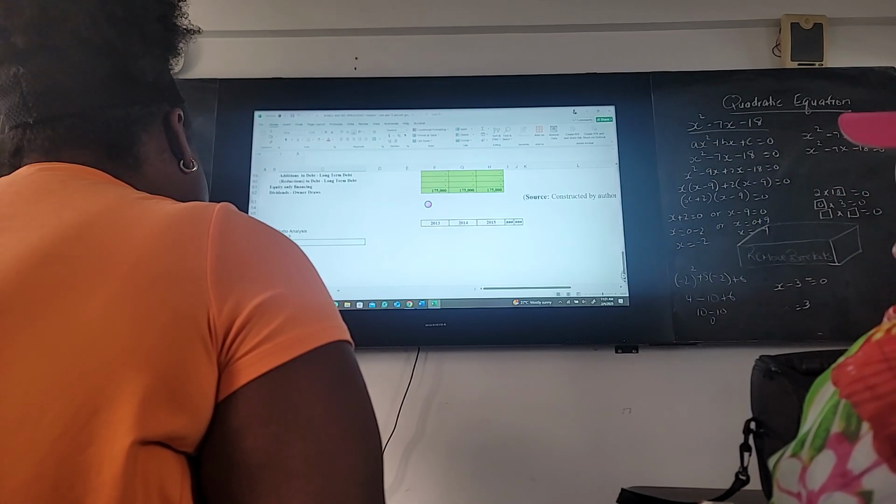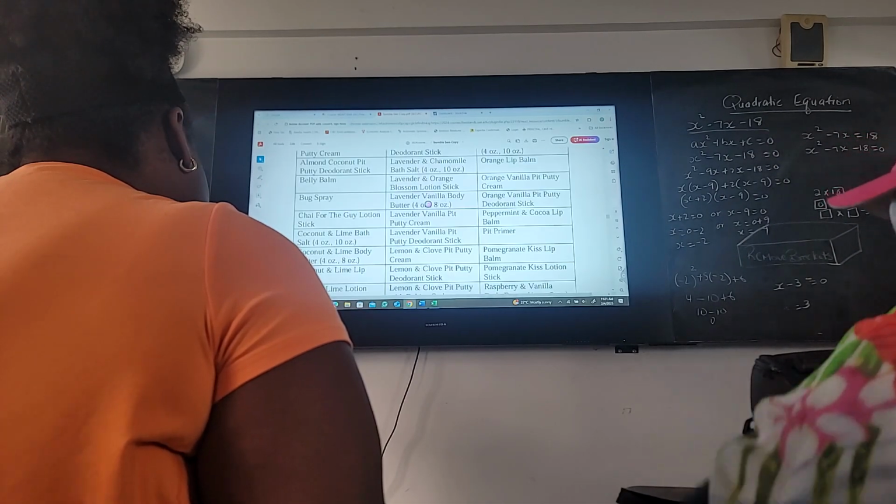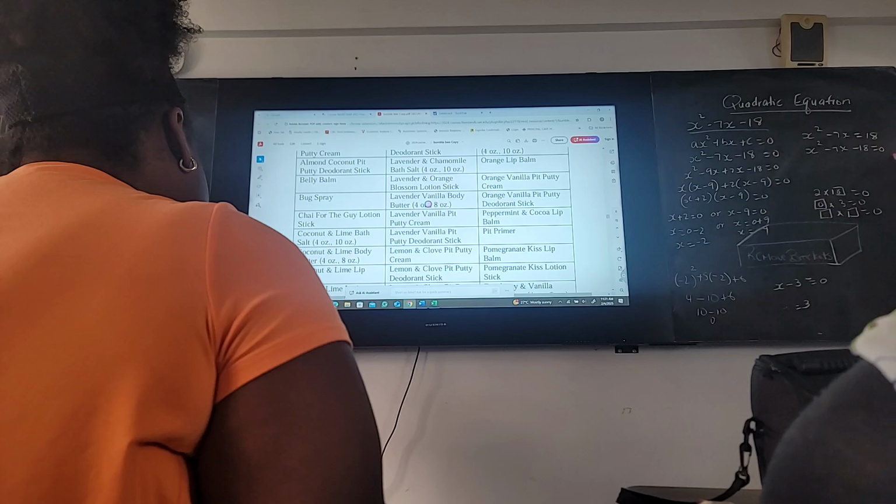So what are some of these financial ratios that you look at in terms of the financial analysis?